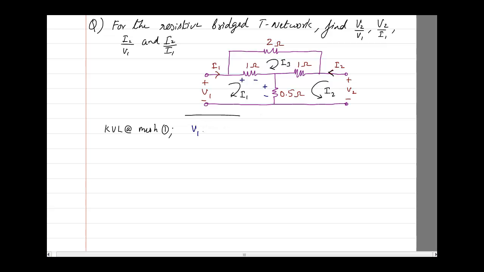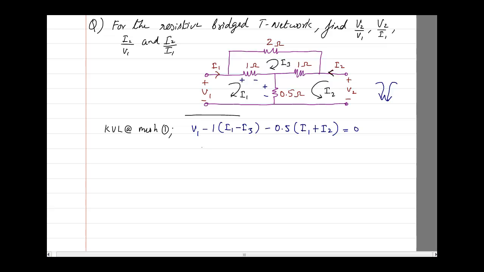So it is V1 minus 1 times (I1 minus I3) minus 0.5 I1. I1 is going from top to bottom, I2 is also going from top to bottom, so it is plus I2. Why? Because both of the currents are adding. If it was anti-clockwise, we would have taken a minus. That is the only difference. So you are having I1 plus I2.